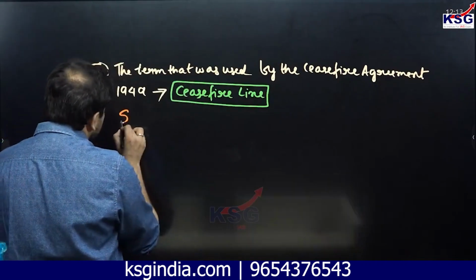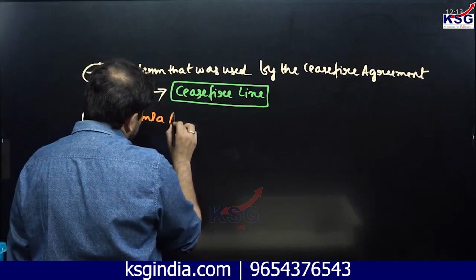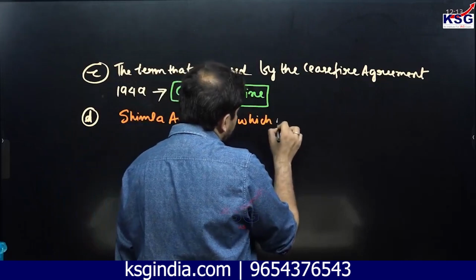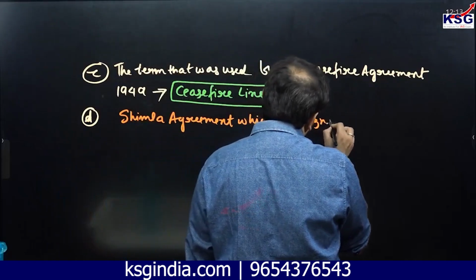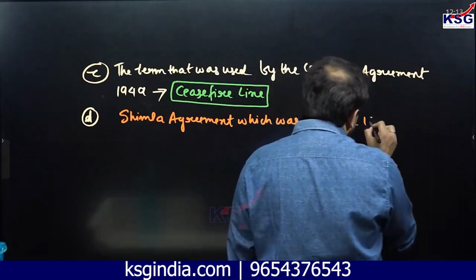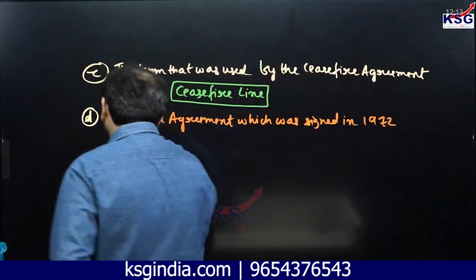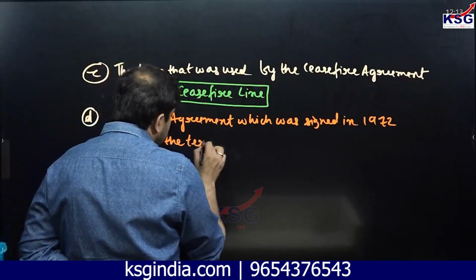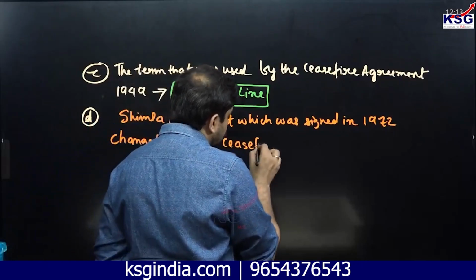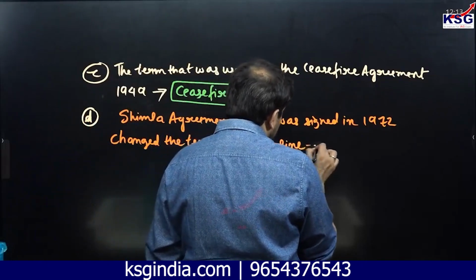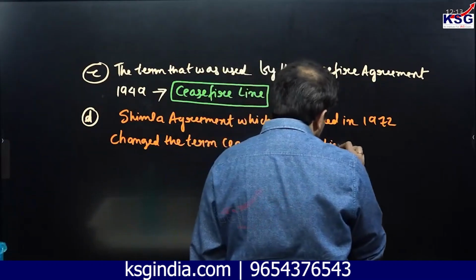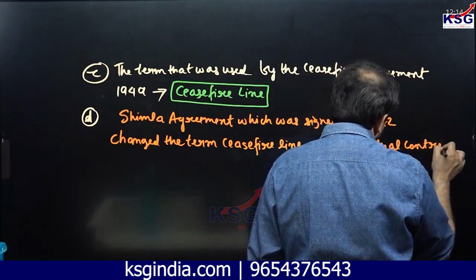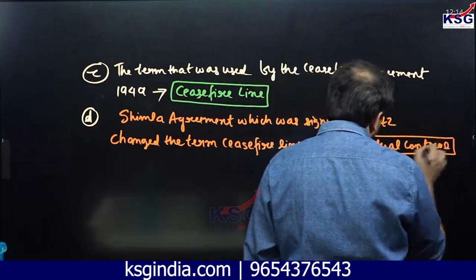The Shimla Agreement, which was signed in 1972, changed the term ceasefire line into what is known as the line of control, or what is known as the LOC.